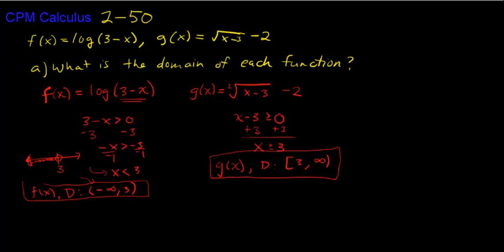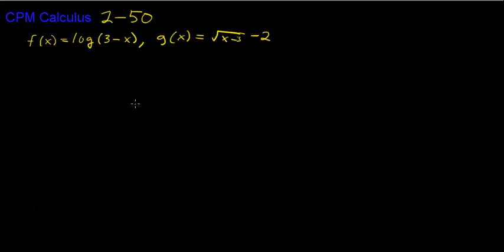We didn't even consider the graphs, and I did that on purpose because now we are going to look at the graph. Okay, so here we have f of x is log 3 minus x, and g of x is square root of x minus 3 minus 2. And we want to graph these.